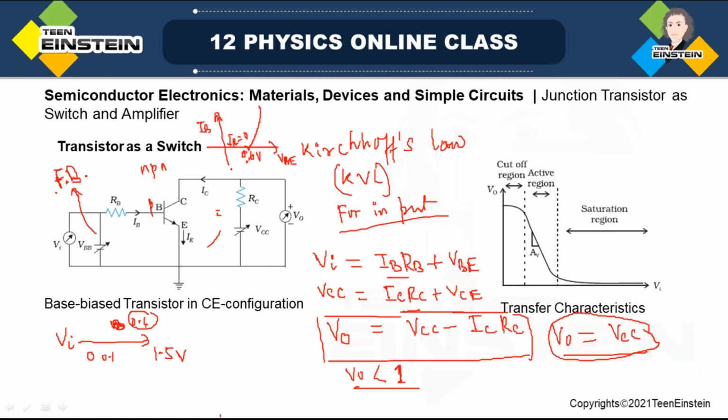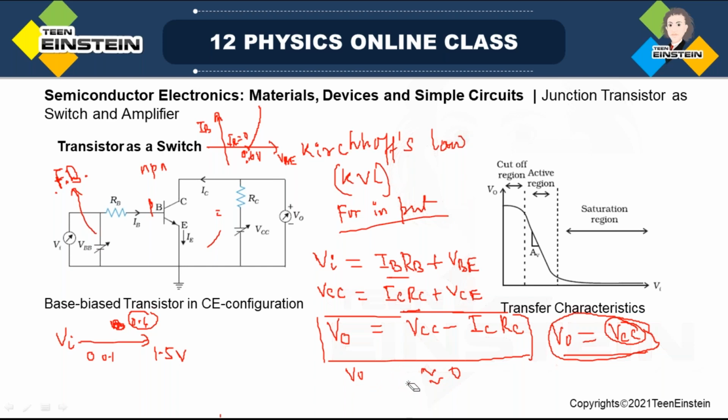When both junctions are forward biased, the transistor is said to be in the saturation region. In the saturation region we'll get nearly zero output voltage. So in the cutoff region we are getting a high voltage as large as VCC, and in the saturation region we get a voltage as low as zero.